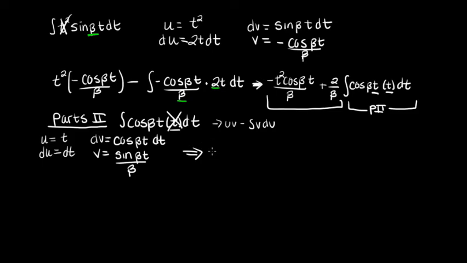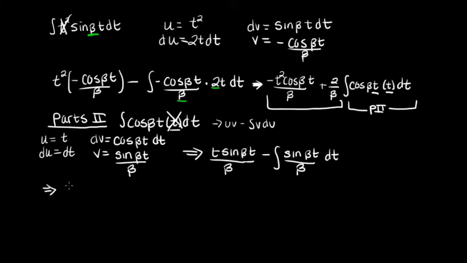So we have u, which is t, times v, which is sine of beta t all over beta. Subtract off our integral again. We have v again, so sine of beta t all over beta, du is dt. Whew, all right.